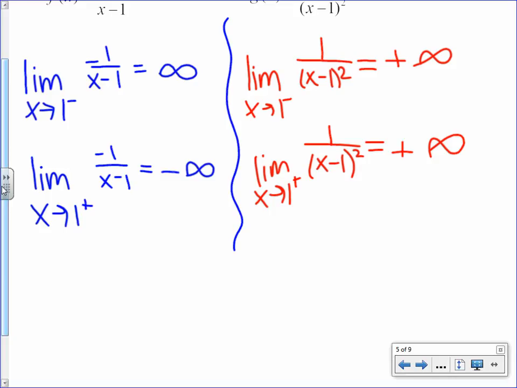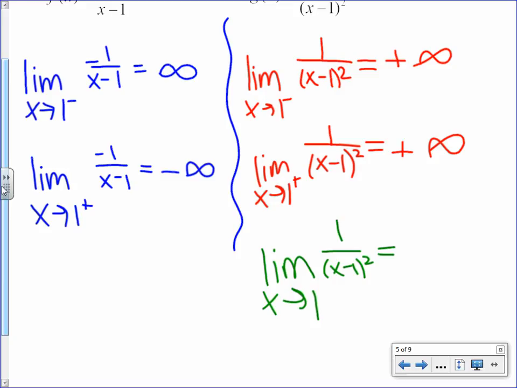Okay, so now, what if I ask you for the limit as x approaches 1? It doesn't exist, but can we describe it? From the right and the left, our limit is positive infinity.